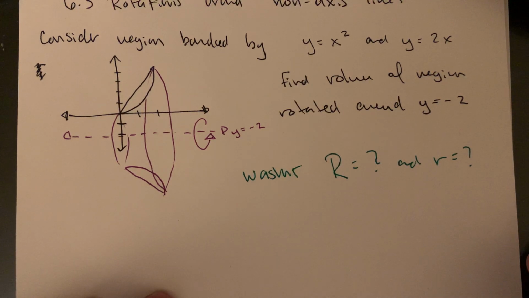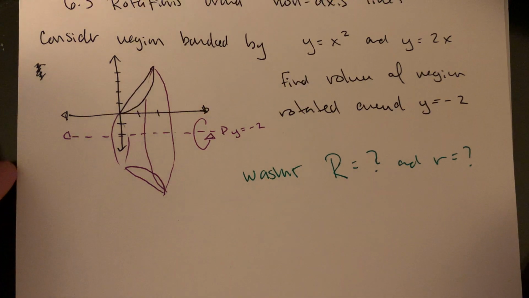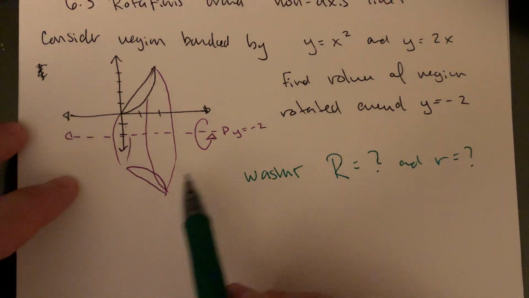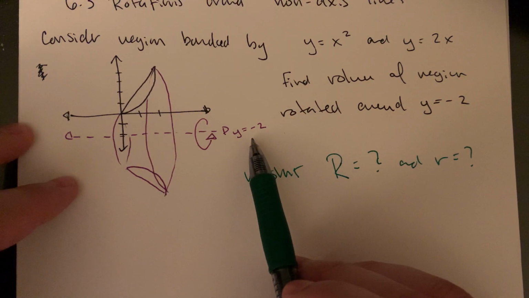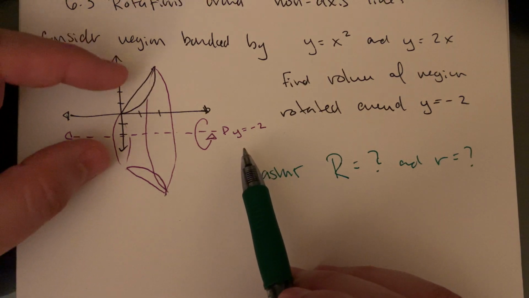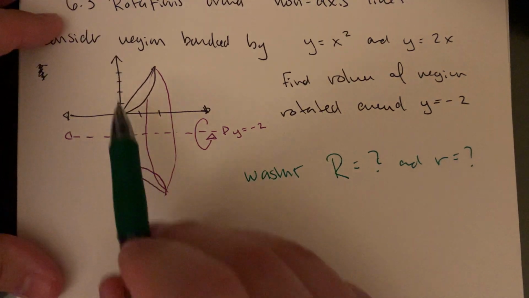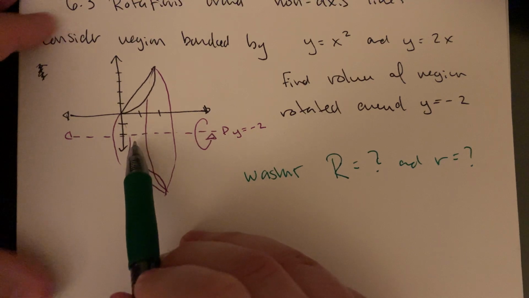So the thing we need here is just to adjust our radius values. And what I said before is essentially literally all we're doing is we're adding 2 to our radius here. You might say, but this is minus 2. What's happening here? In some sense, what you're finding for your radius is the distance between your curve and whatever you're rotating around.